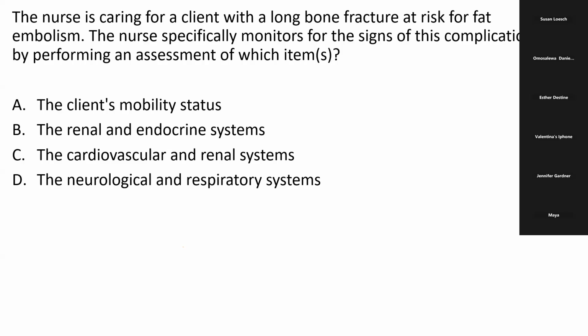Mobility doesn't mean how they can move. So what's the question asking you, nurse? What are the signs and symptoms for fat embolism? So it'd be respiratory. It's going to be neurologic and respiratory because this is going to cause confusion, okay, and respiratory symptoms.